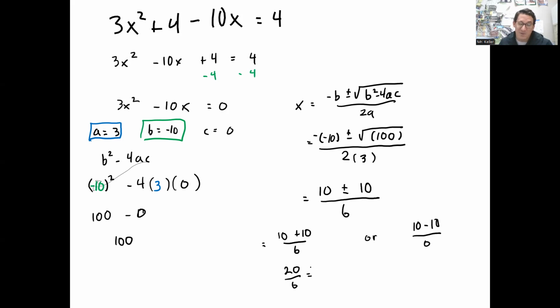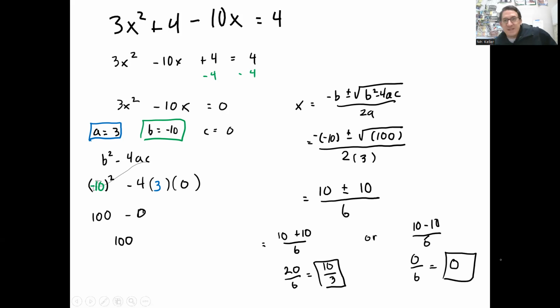Divide top and bottom by 2, and this is going to be 10 thirds, which is one of them. 10 minus 10 is 0, divided by 6 is just 0. So 10 thirds and 0 are our two solutions.